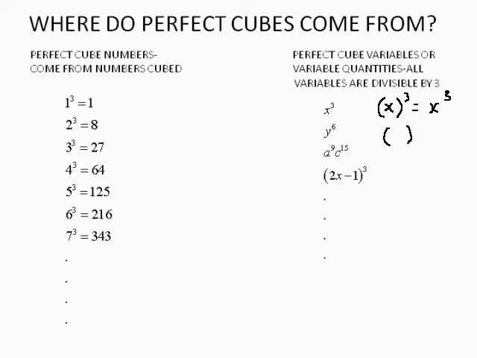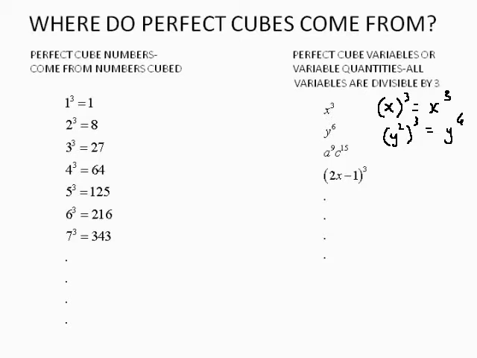Now, what cubed would give me y to the 6th power? See, so if you can take something and cube it, it's a perfect cube. So in this case, if you know your power rules, ladies and gentlemen, it's y to the what power? Squared. Because whenever you raise a power to a power, you multiply it.